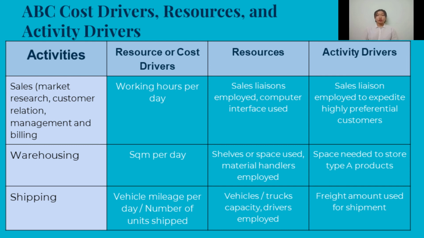The activity driver of warehousing is square meters per day, which means how big the space used to store the products and resources is. Lastly, we have shipping activity, which is used to transport and distribute the products and resources. Products are shipped using vehicles or trucks, and there are also drivers employed to drive them.